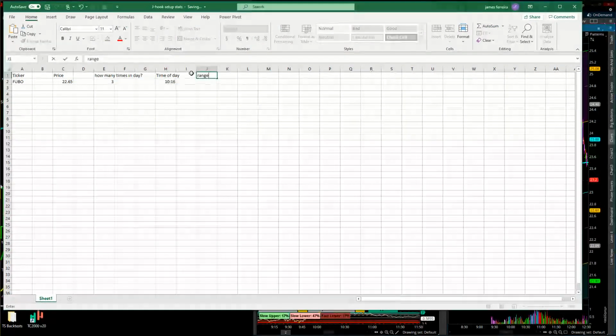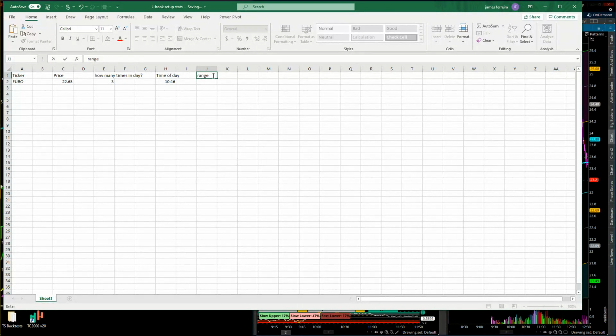So I'm going to put in range of the play, right? And I like to track stuff in cents. I did average percent last time for extension. Actually, what's extension? Extension from entry is what I'm going to write for the range of that play.